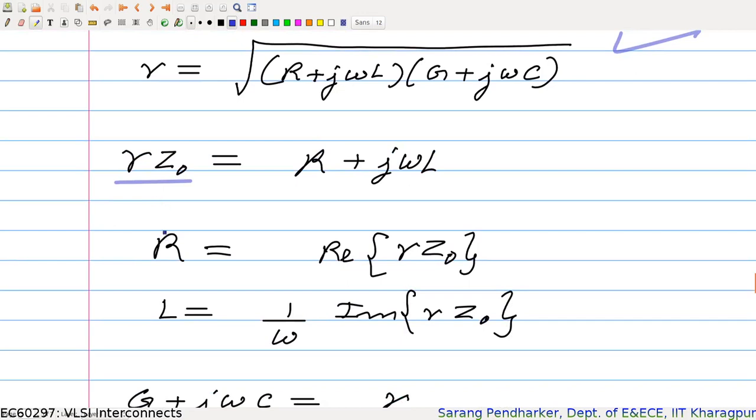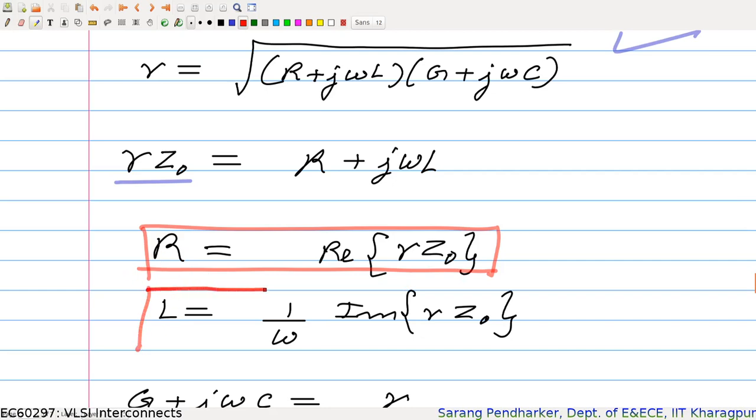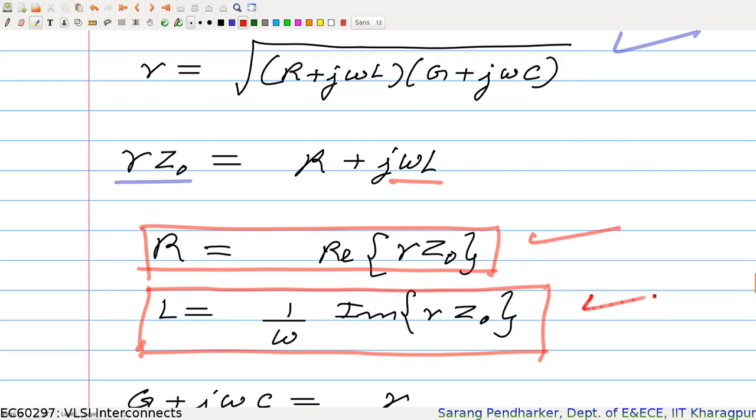If I compare the real term, the real part of γZ0 will give me resistance per unit length. Note that these R and L are values per unit length. And from here I can compare the imaginary part, and the imaginary part gives me this. So I have got R and L.